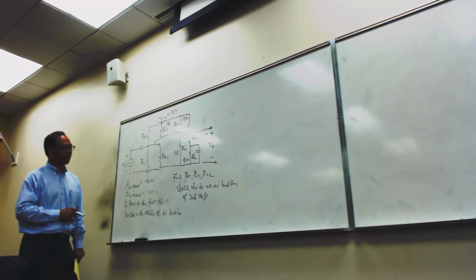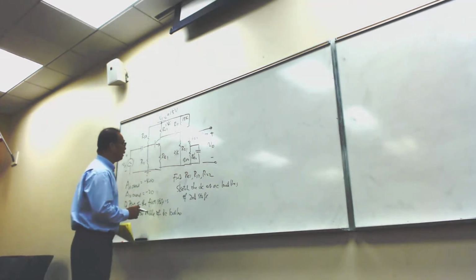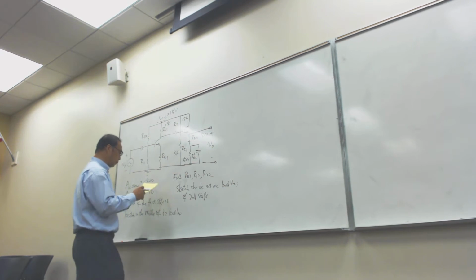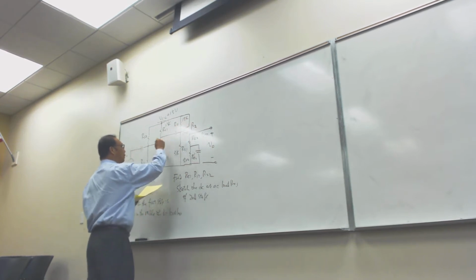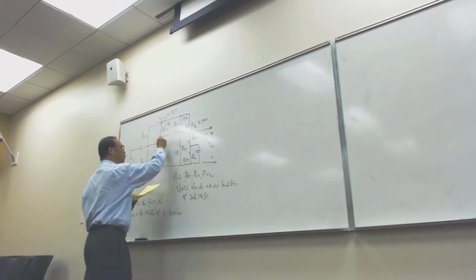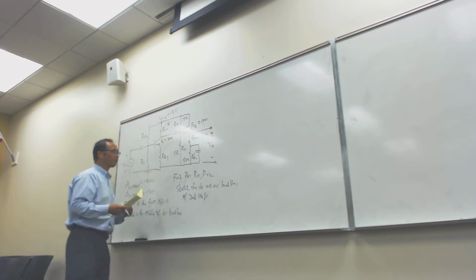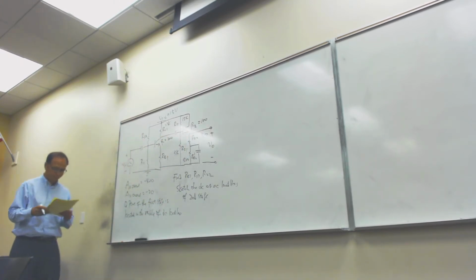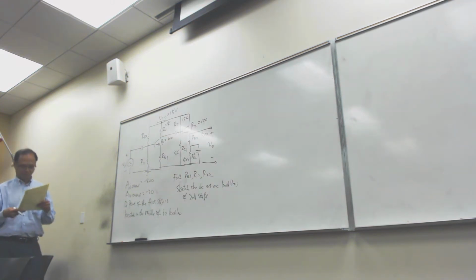Okay. Now, oh, beta. This is called beta 2. Okay, this is beta 1. So this is 100. This is 200. So that was one of the exam problems.